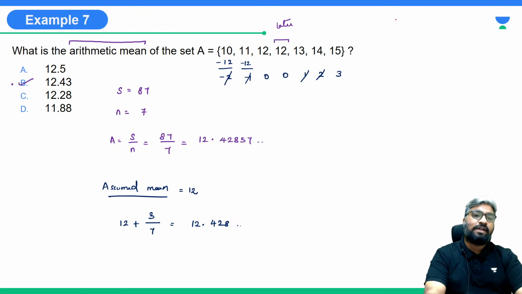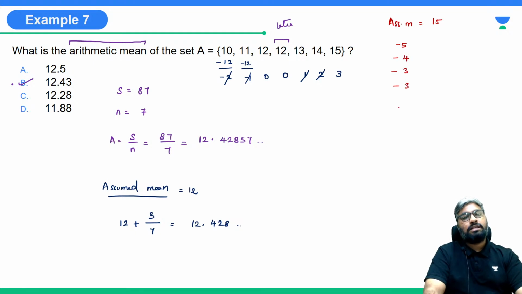If you are taking 15, let's say if you are taking that the assumed mean is 15, तो क्या हो जाएगा, 15 minus 5, then you have minus 4, minus 3, minus 3, minus 2, minus 1, 0. Yes, प्रॉब्लम यही है कि आपको बैठ के ये ऐड करना पड़ेगा. That's it. Yes, so you have 9, 12, 15, 15, 17, 18.